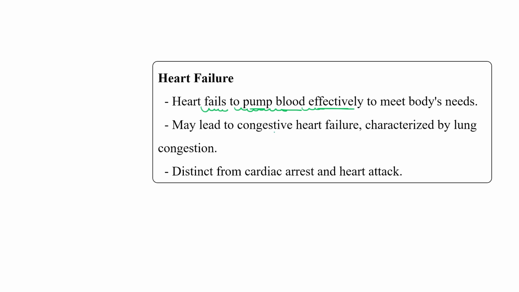It may lead to congestive heart failure, characterized by lung congestion. It is distinct from cardiac arrest and heart attack. So these are some problems or disorders related to the circulatory system or heart.